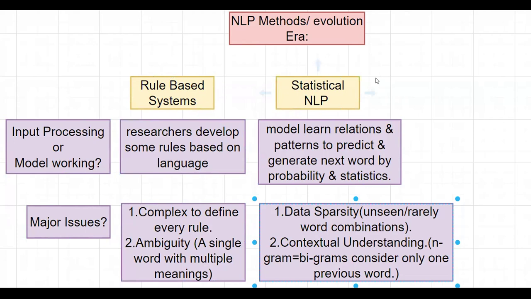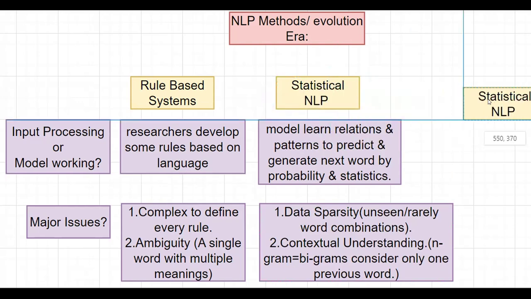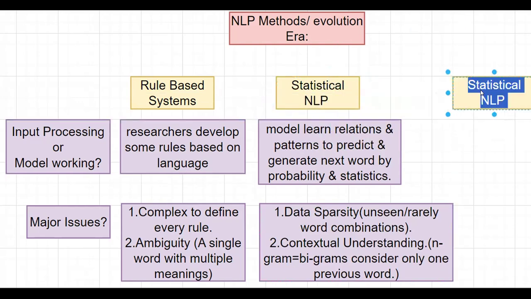But now we are also getting limitations like long-range dependencies and deep semantic meaning, which leads to the adoption of one more advanced NLP method, the evolution of a new NLP era. That is ML, machine learning.